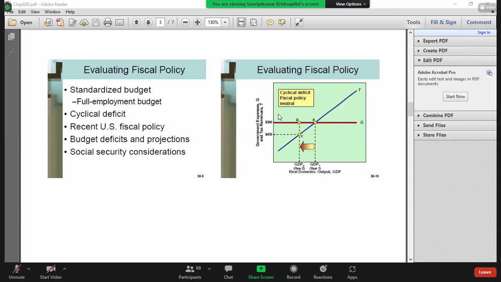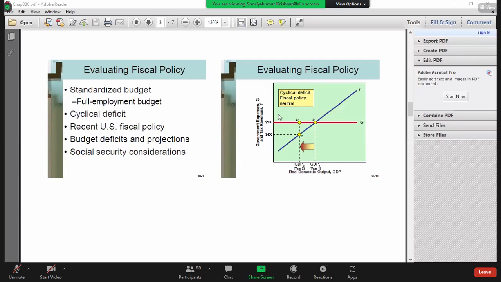So if we use this standardized budget, there is no change in the government expenditure. No need to change government expenditure. No fiscal policy is needed, because government expenditure is 500 and the tax revenue also becomes 500.